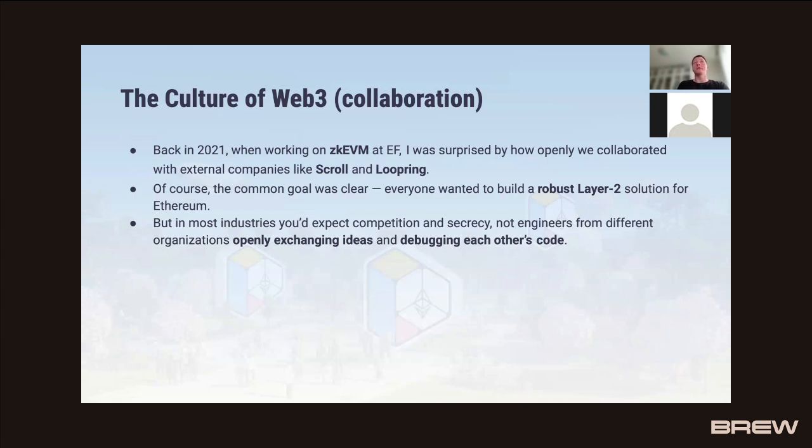Of course, the common goal was still a robust layer 2 solution for Ethereum. But in most industries, you would expect competition and secrecy, not engineers from different organizations openly exchanging ideas and reviewing each other's code, as was the case for us.